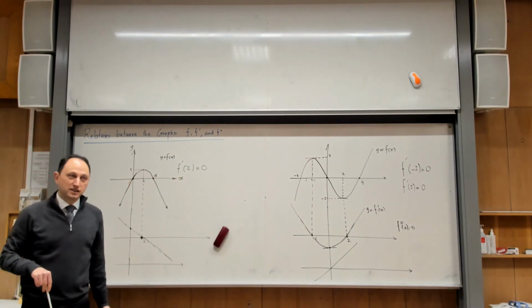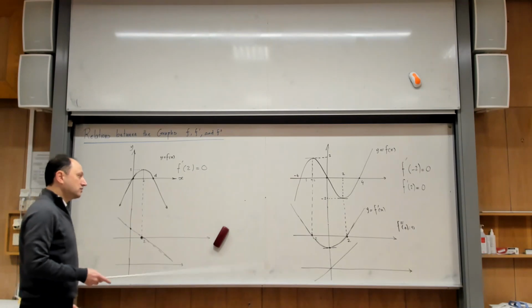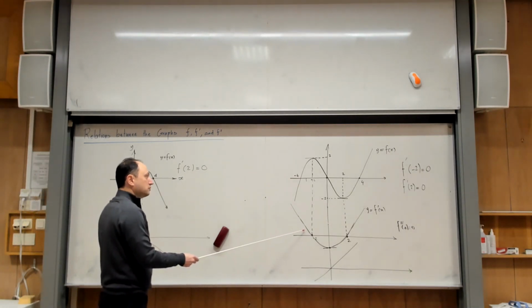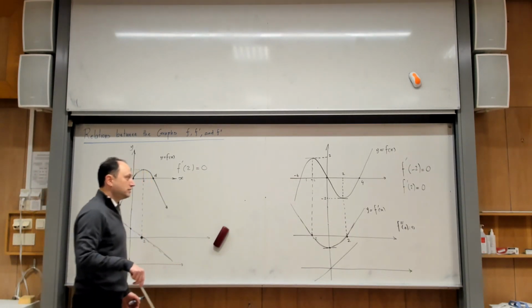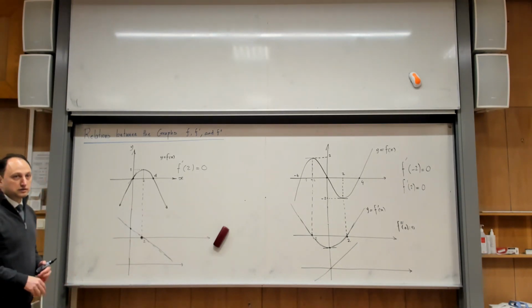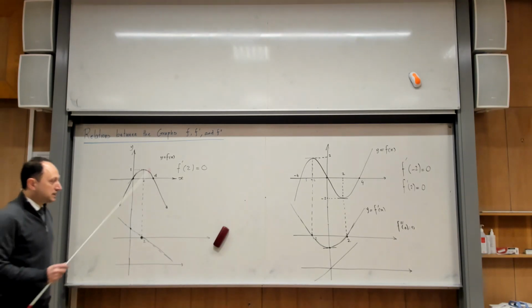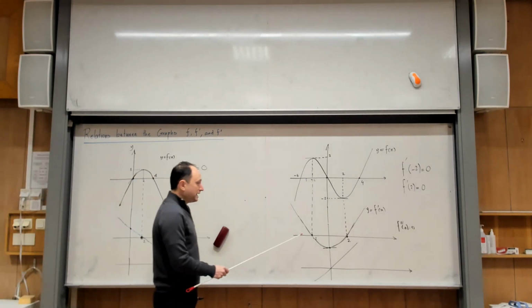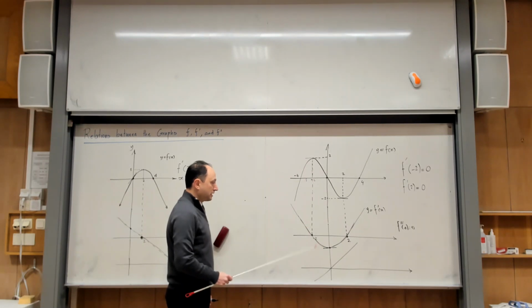This is the question. It's a little bit harder, I think. The derivative is given. You want to predict the behavior of the graph of the original function. It's not that easy, but you should be able to understand something from this graph.